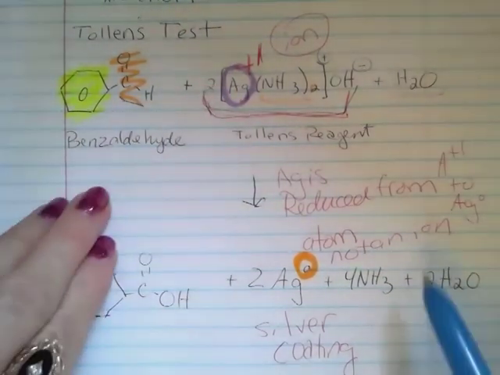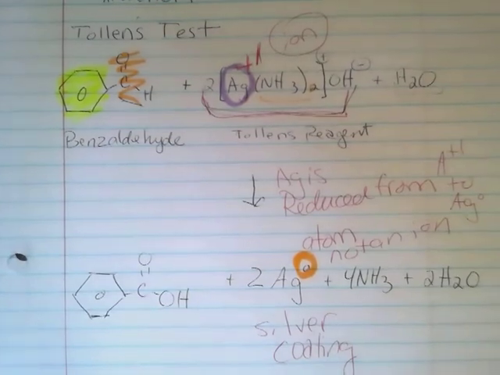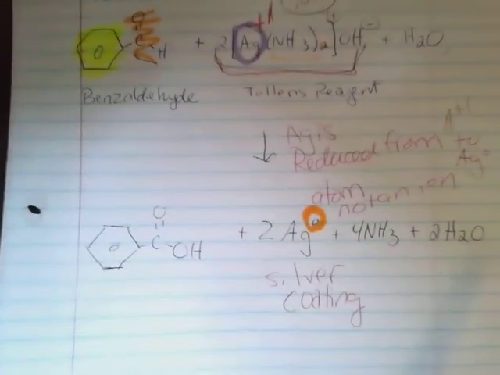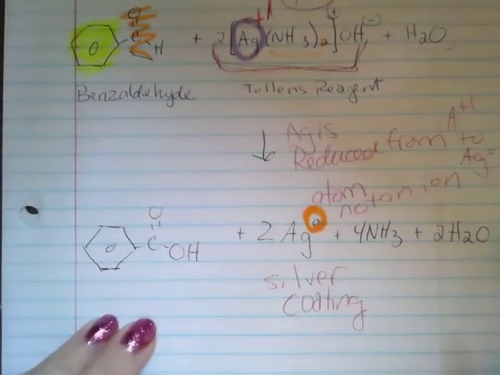Well, a reduction reaction happened, and this is a complicated inorganic concept that we should have covered a little bit better in inorganic chemistry, but because of time's sake, we kind of didn't go through it as we should have.